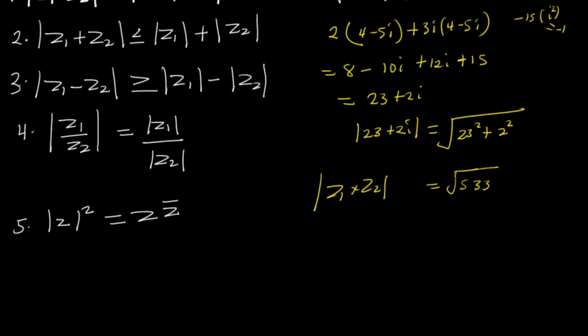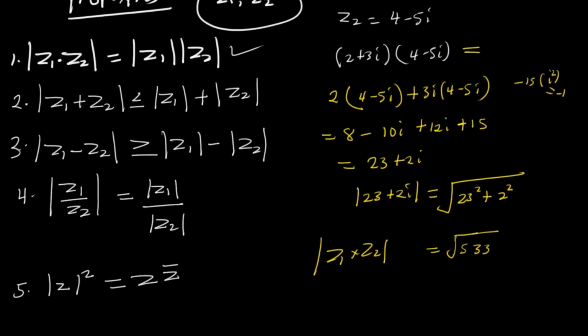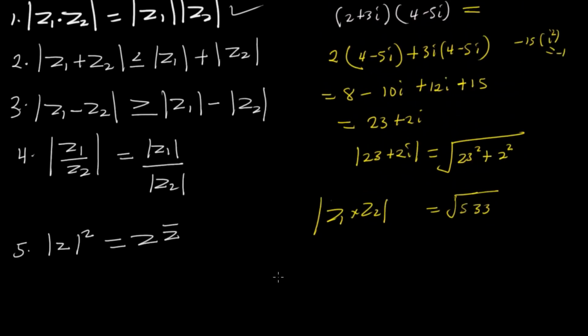Now let's do this individually. Let's find the modulus of the complex numbers individually, and let's see whether we arrive at the same answer or not. So we have the modulus of z1. If you recall, z1 is 2 plus 3i, and this is equal to the root of 2 squared plus 3 squared, which is the square root of 13.